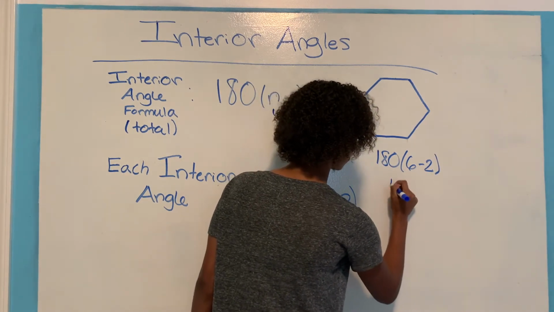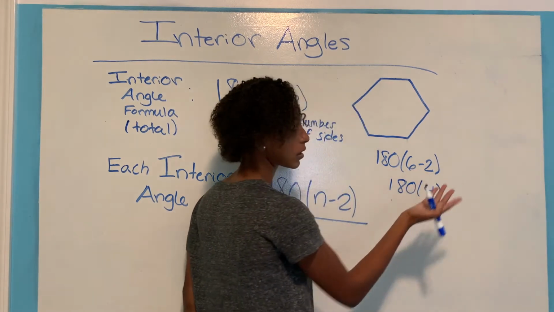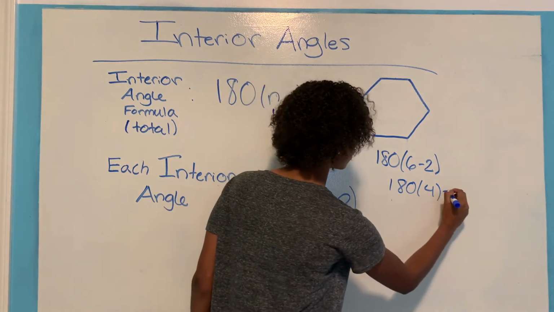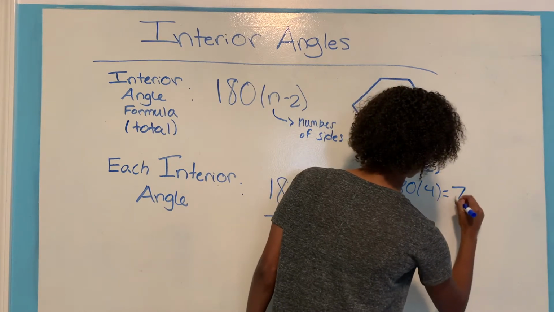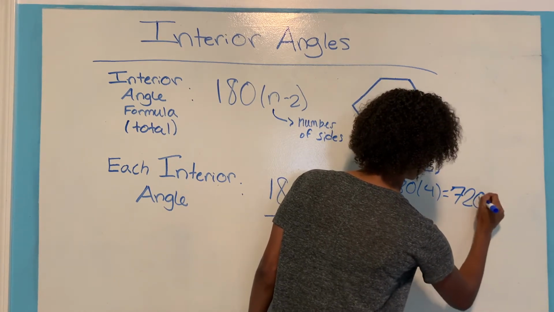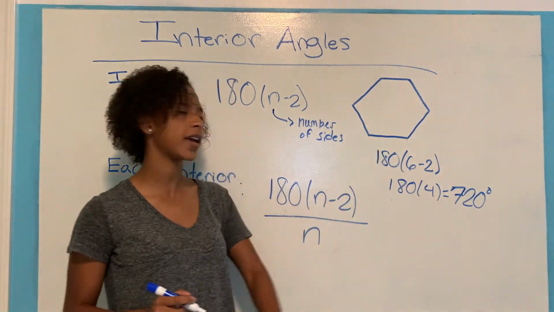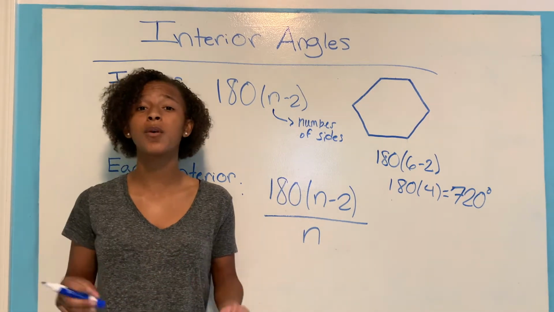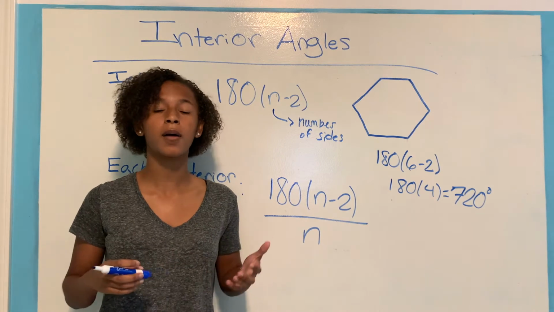So then you get 180 times 4, because 6 minus 2 equals 4. And that equals 720 total degrees inside of a hexagon. Right? So that's how you do that one. That's how you find the total number of degrees if you added all the interior angles up together.